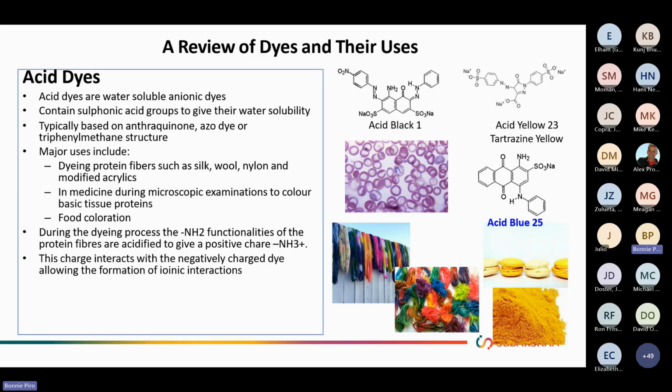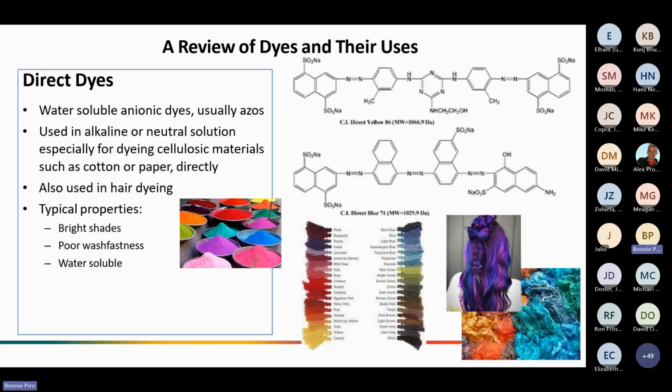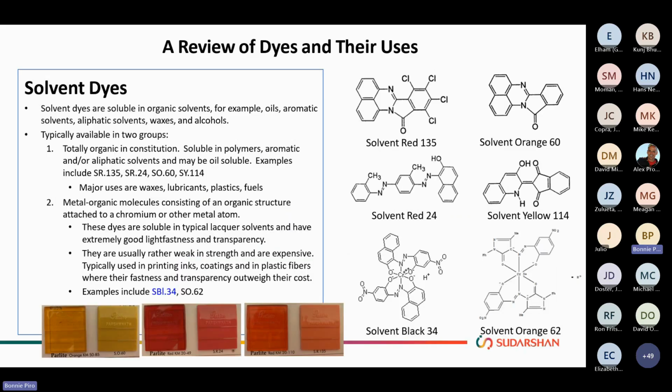And there's an acid blue 25 in that space. Direct dyes are also used in the textile area, but these are primarily used for dyeing cellulosic materials like cotton and paper. They also show up in hair dyes as well.